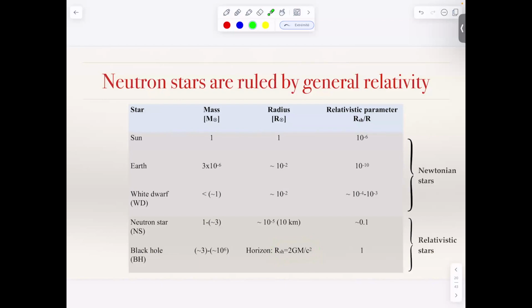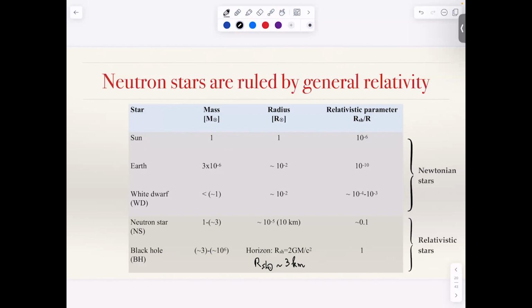So for instance, for a system which has the mass of the Sun, the Schwarzschild radius is of the order of 3 kilometers.